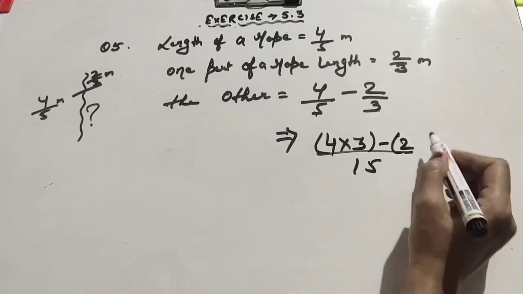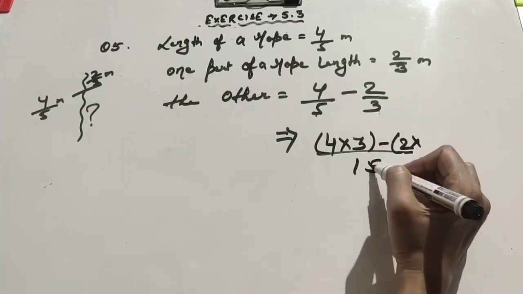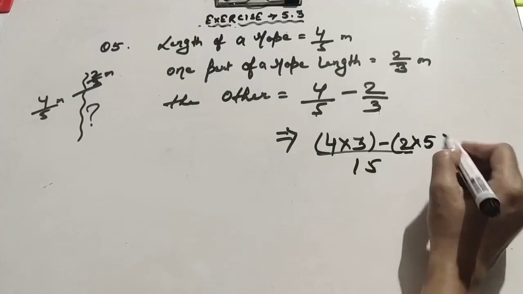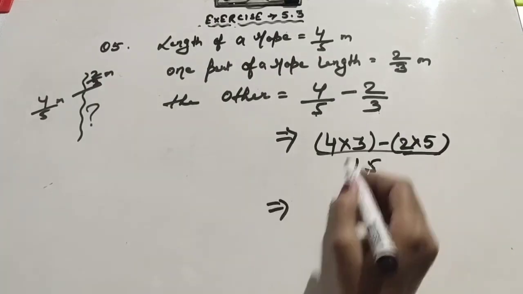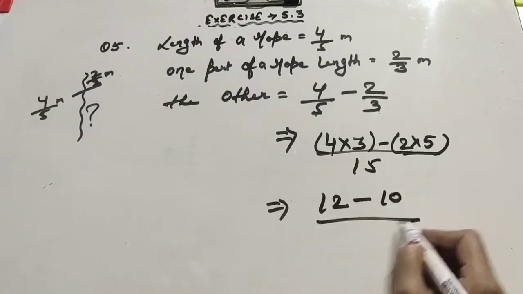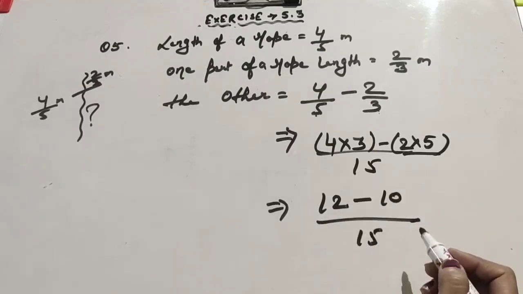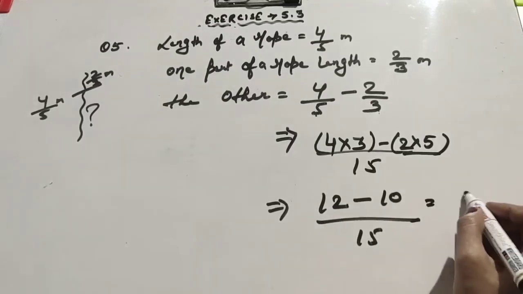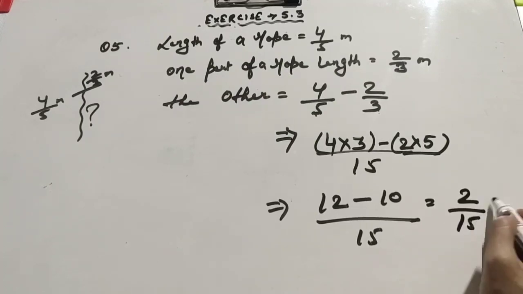Subtract 2, write in the 3 table, 15 will come 5 times. 4 3s are 12 minus 2 5s are 10 by 15. Just subtract, 2 by 15 meter. 2 by 15 meter is the other part of the rope. Understood?